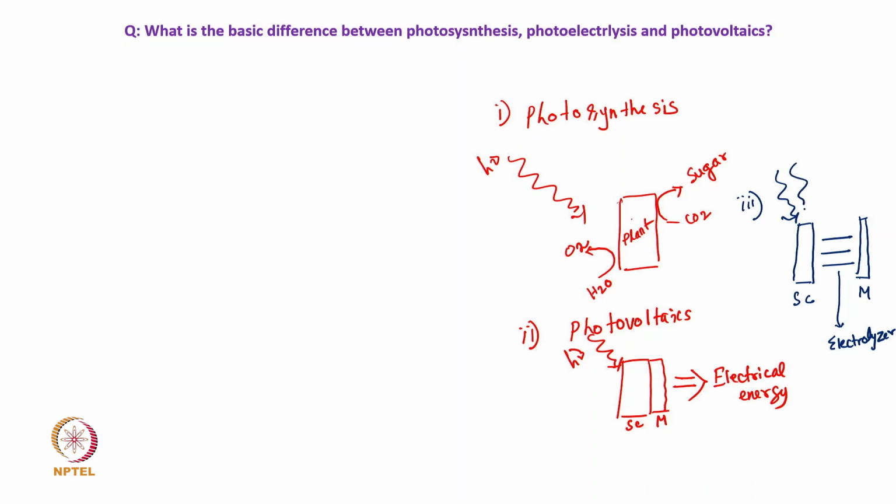Sunlight falls on this system, and this also contains H2O, which gets split to H2 plus O2.